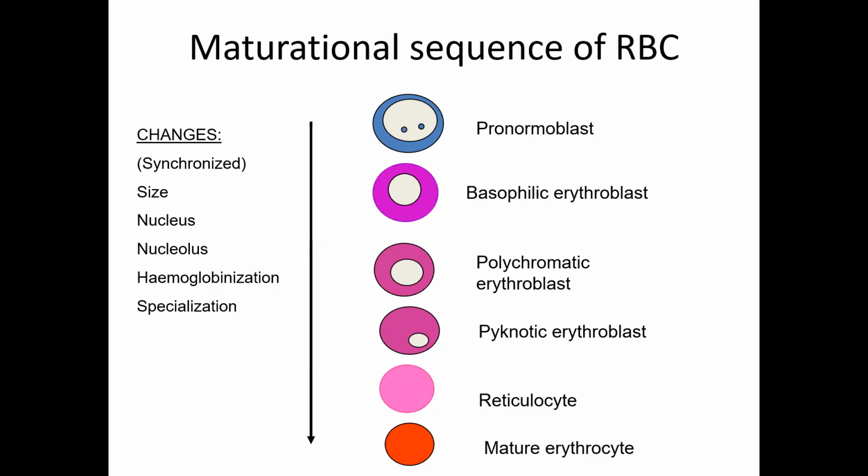There are special tests that we do in order to determine whether a cell is a reticulocyte, okay? So that's the maturation sequence of the red cell. It is synchronized, and there are morphologic changes in the red cell that ensure that the mature red cell or mature erythrocyte is adapted to its functions.